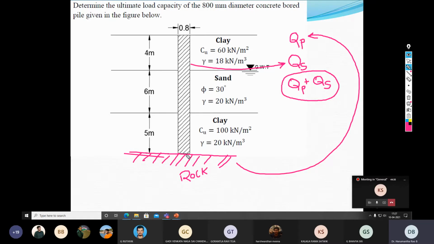If the hard rock strata exists at the pile tip, then majority of the load might transfer by point bearing. In another hypothetical case where no hard strata exists at the pile tip, majority of the load might be transferred to the soil in the form of skin friction. In all remaining cases, it is the combination of point bearing plus skin friction. Everyone must remember this.